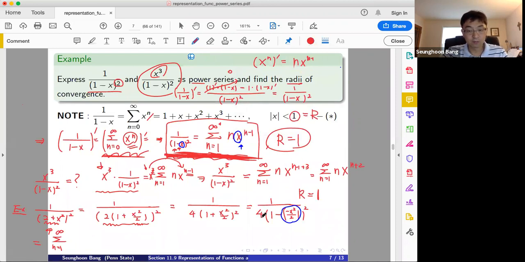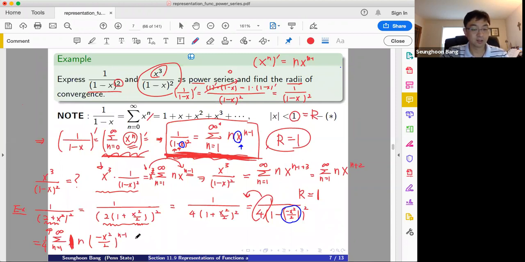You keep the 1 over 4 times this one. The 1 over 4 is outside, it doesn't matter. So here, minus x squared over 2 goes into x. You have to keep n times the negative x squared over 2 to the power n minus 1.